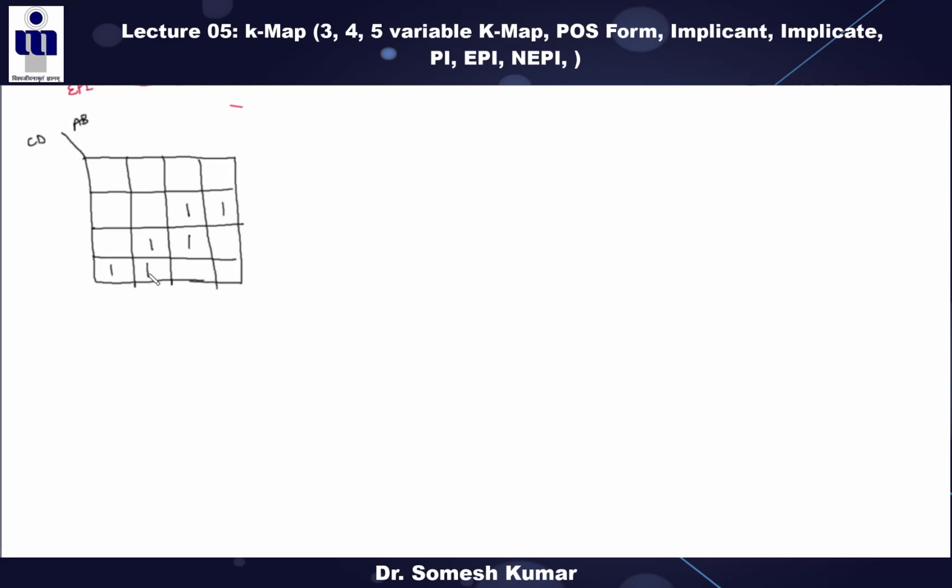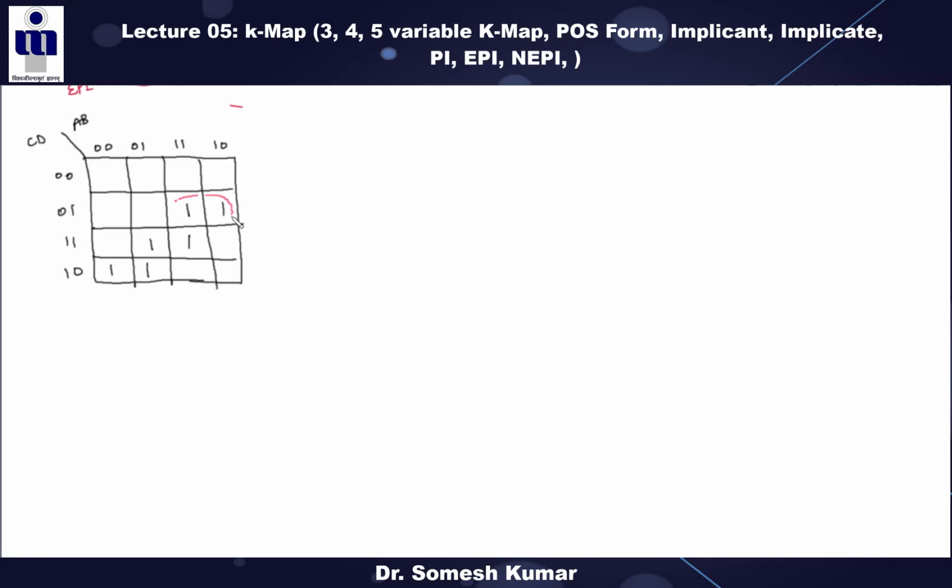Now this is your K-map, right? Now tell me, is a quad possible or not? Only the pair is possible, right? Which one is the first pair?